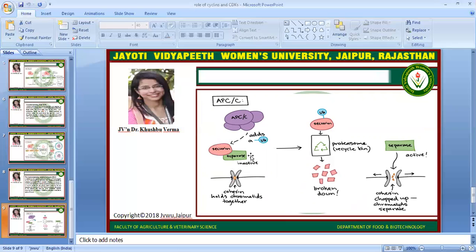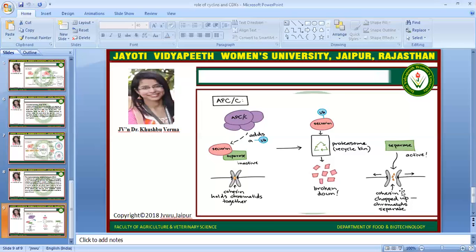Separase will be inactive when securin is attached to it. But the anaphase promoting complex will add ubiquitin to securin, and this modified securin will be separated from the separase and broken down, and now separase is free and in its active form.